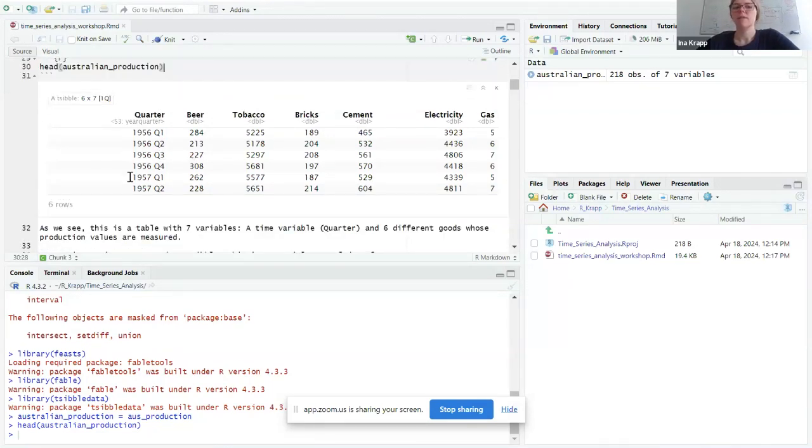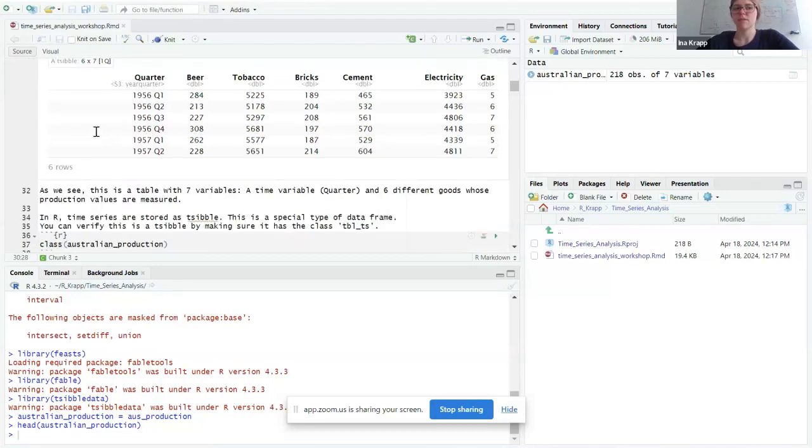Now, this column is a bit particular because it contains the time information. We will have to make sure that R correctly recognizes that this is the column with the time information when we conduct time series analysis. And for R to work with time series, there is a special class called a fable, which is a special type of data frame or table.